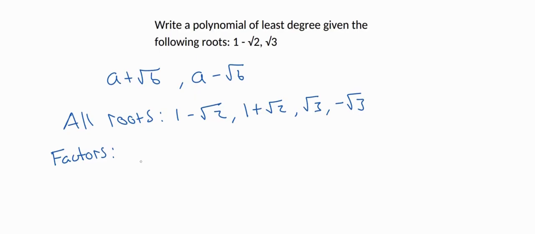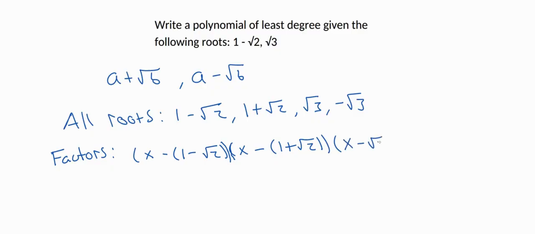And those are going to be, let's see, x minus 1 minus the square root of 2, x minus, put a parenthesis there, okay, x minus 1 plus the square root of 2, x minus the square root of 3, and x plus the square root of 3.